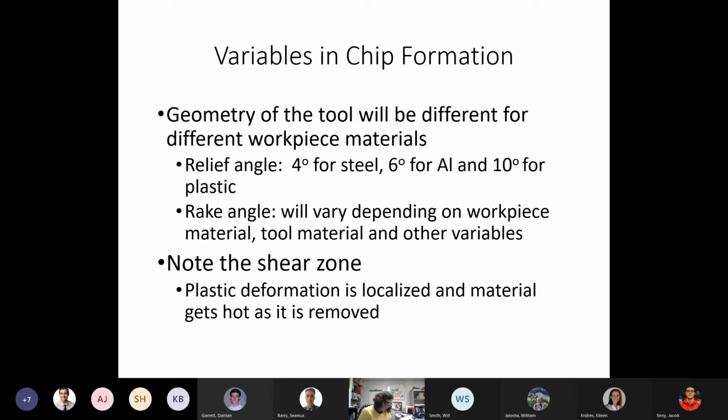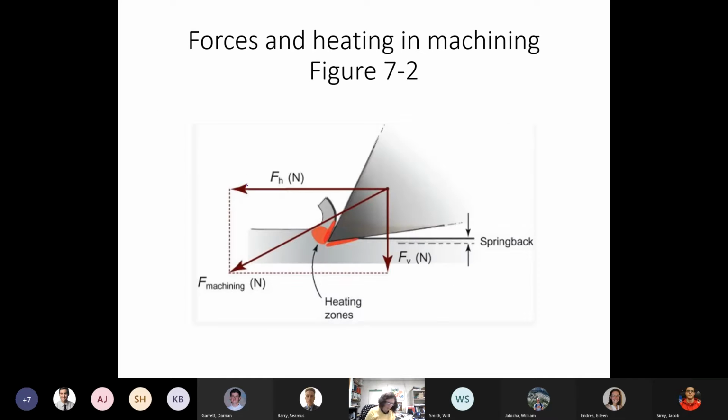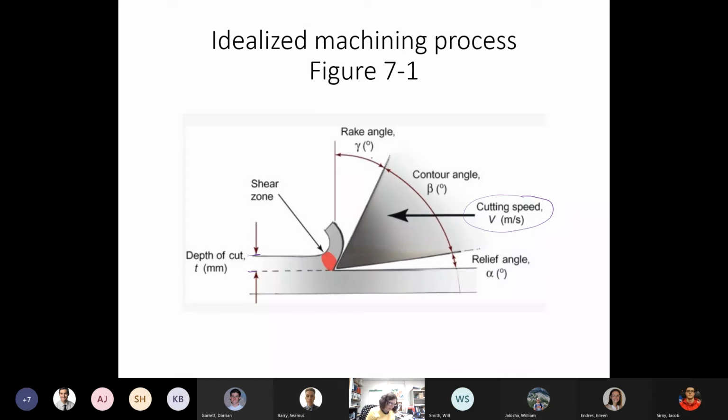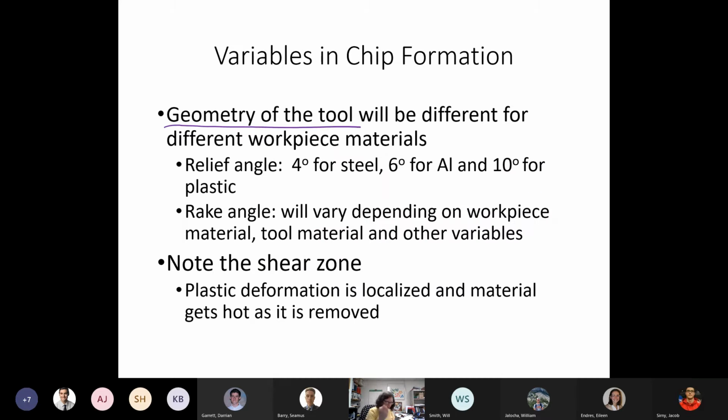It's talked about in our book that the geometry of the tool is an important variable. It will be different for different workpiece materials. This relief angle down here, which is somewhat related to how much plastic deformation is likely to occur, is smaller for steel and largest for plastic.